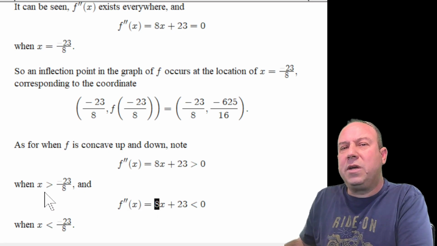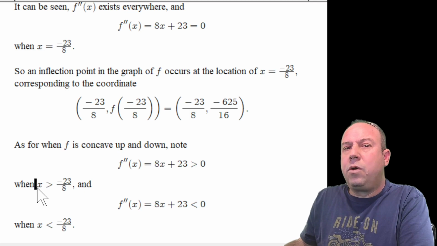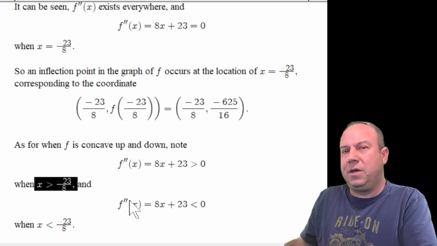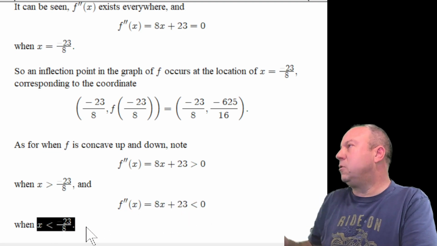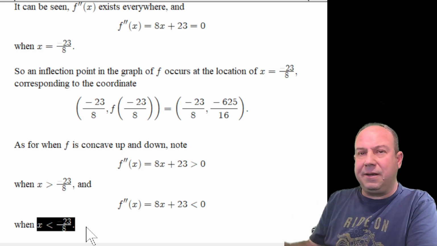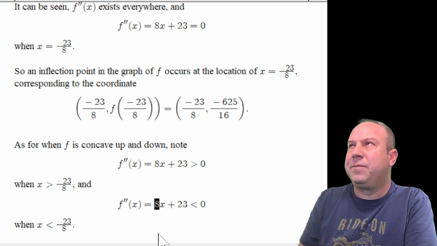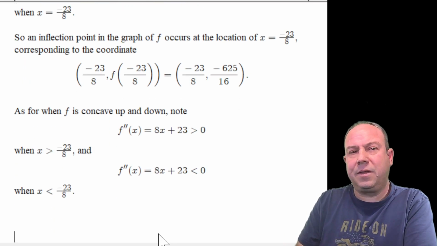So we must be greater than 0 when we're greater than that value because we were equal to 0 at that value. And we must be less than 0 to the left of this value because we were equal to 0 when we were at that value. And in this case we have strictly increasing behavior.